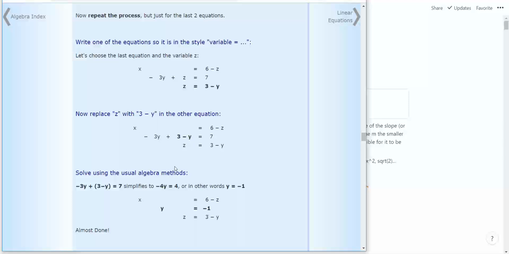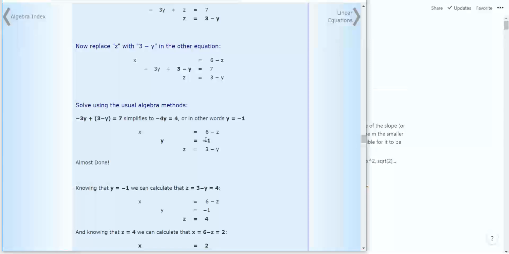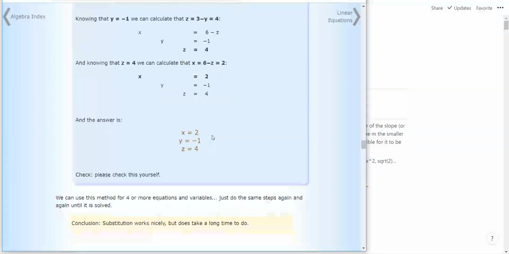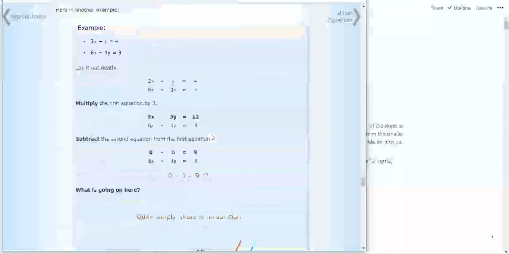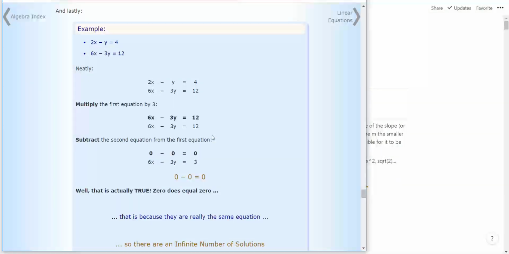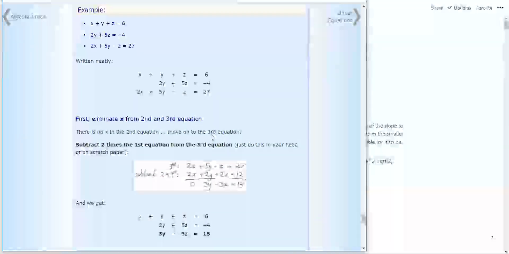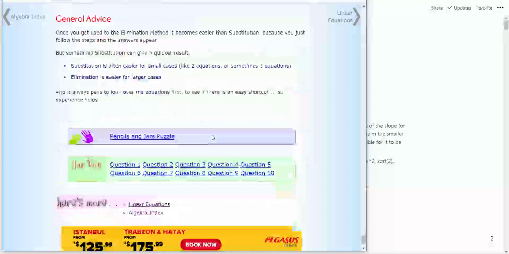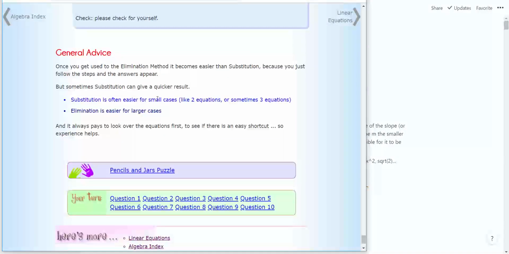We apply them here to get the y. So that's the value of y, you get the z, and then you get the x. The elimination, however, you take 2 functions together, you eliminate one, and that's a new function. Then you get another 2, and you get another new function. And that's about it.